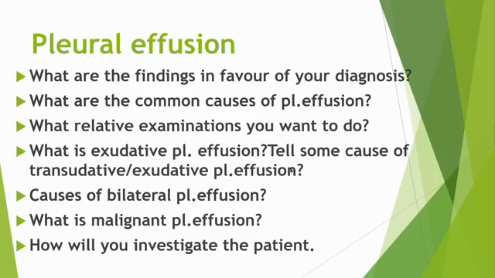Then LDH ratio more than 0.6, and LDH more than two-third of the upper limit of the serum LDH. এই ক্রাইটেরিয়াতে যদি হয়, then it is exudative and more accurate.